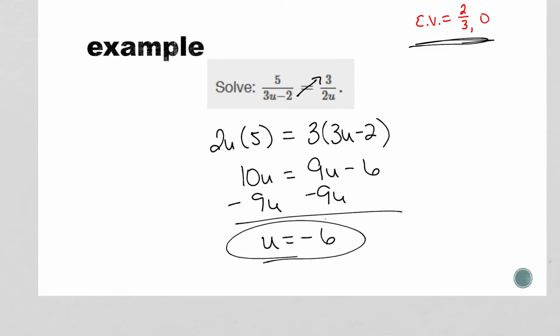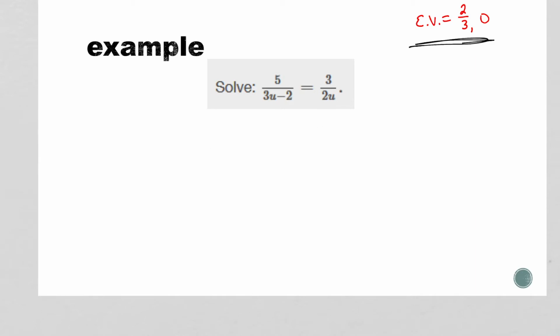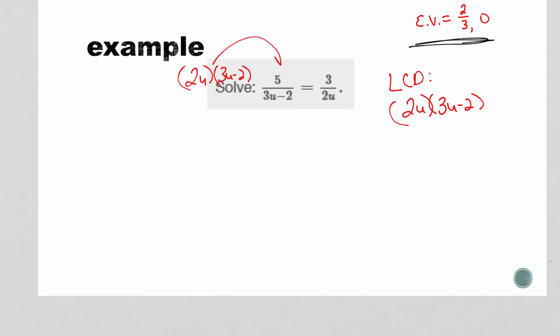If you haven't written this down, you might want to, because I'm about to erase it. Okay, the other way to work this is the way that we've been doing this with the LCD, multiplying by the LCD. So the LCD for this problem is just both of our denominators. Okay, all right, so we would take 2u and 3u minus 2 and multiply it times this.